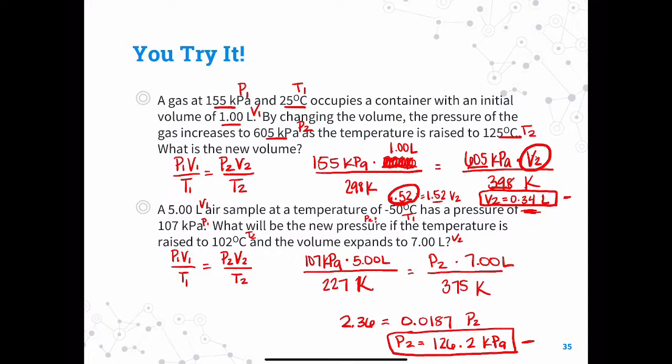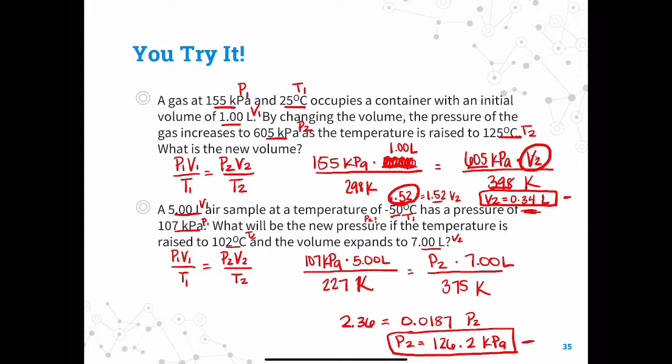On the second one, it was set up pretty much the same way. I underlined everything and labeled all of the units to begin with. I converted my temperatures to Kelvin, and then I plugged them into my problem.